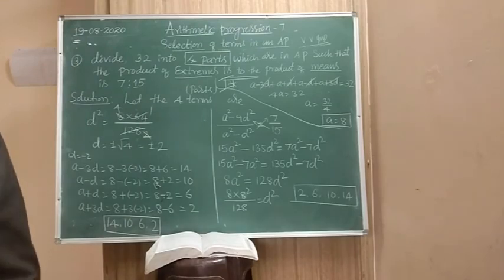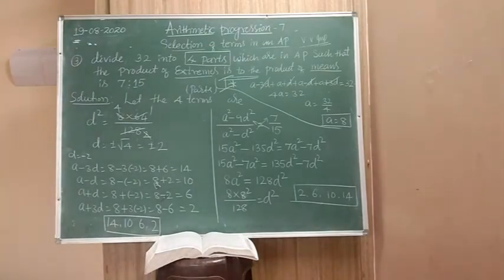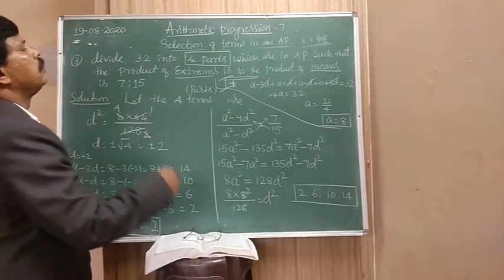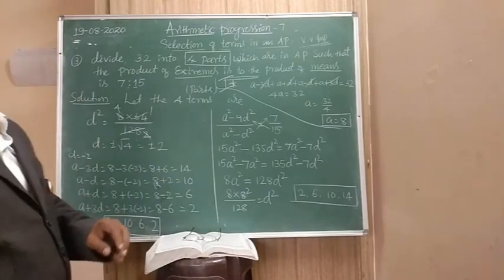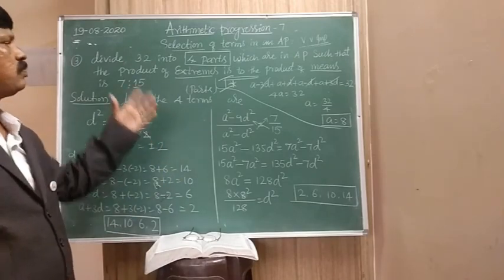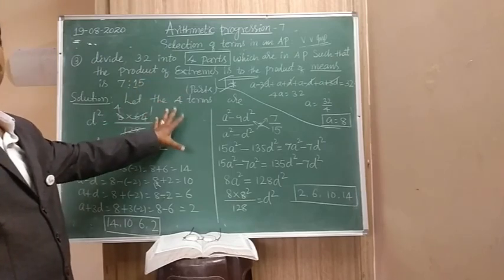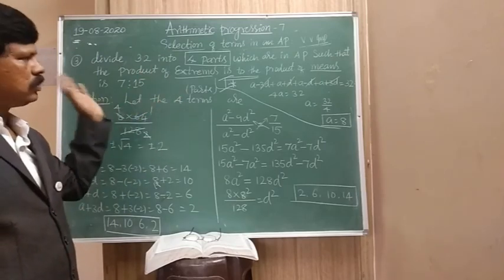The sum of the four terms is equal to 32. Right. So this is how we find the terms when they give 3 terms, 4 terms, 5 terms, like this. Okay, go through the video repeatedly and then solve the problems.